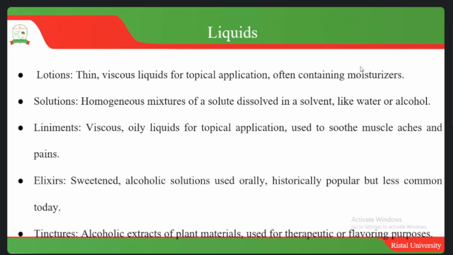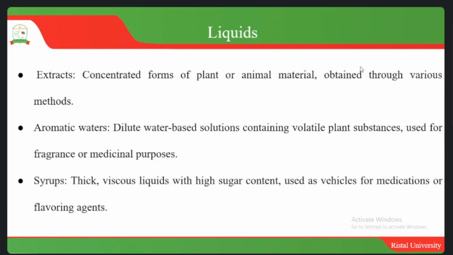So liquids can also play a role, depending on where the infection is and why it is supposed to be used and its effect on these different kinds of infections. Extracts, aromatic waters, and the syrups. These ones are also used in relation to different infections. When you look at the extracts, these are concentrated forms of plant or animal material obtained through various methods.